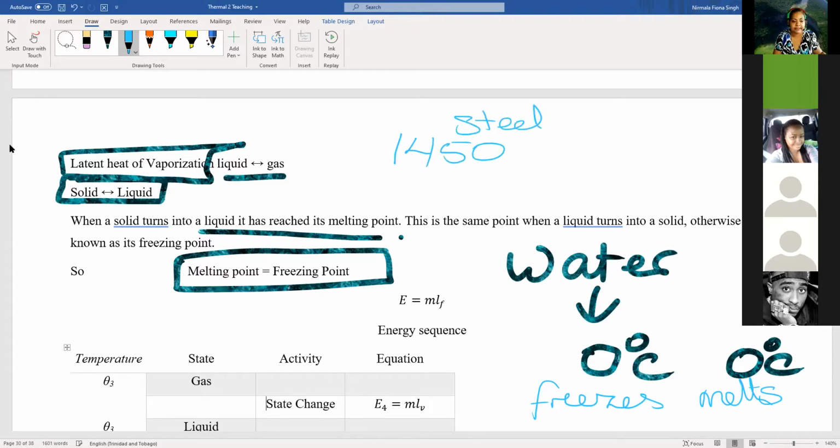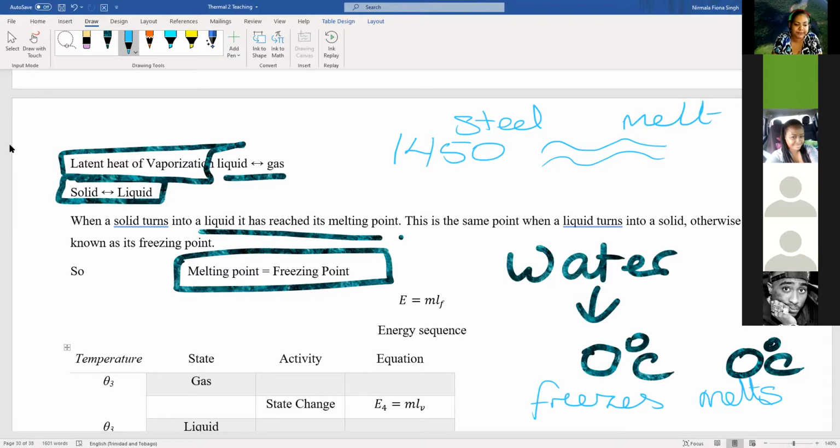Steel will turn into liquid, molten steel, that hot liquid that will melt off your skin and worse. It will melt at 1450 degrees Celsius.